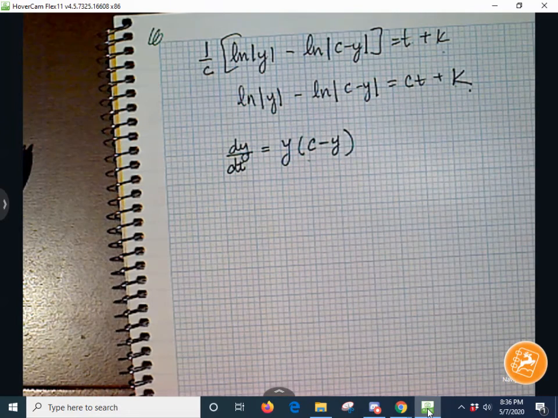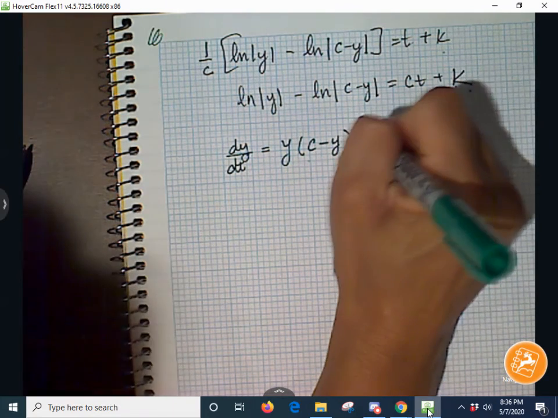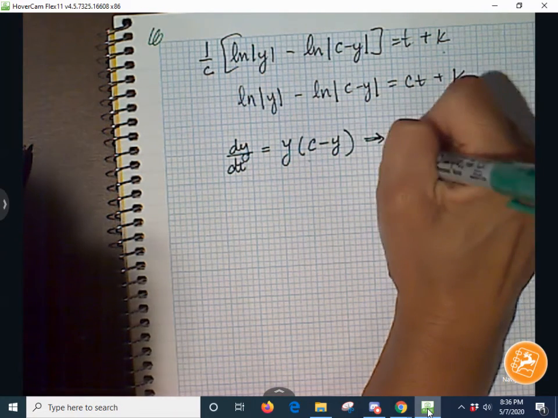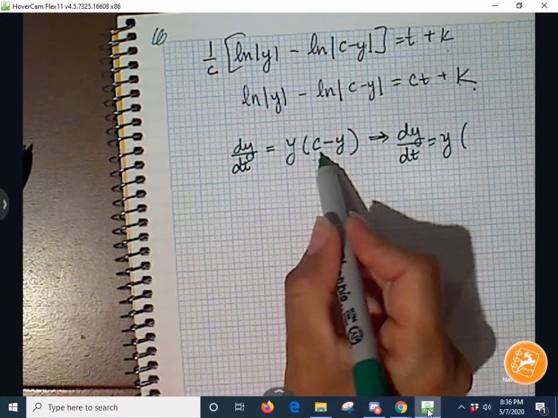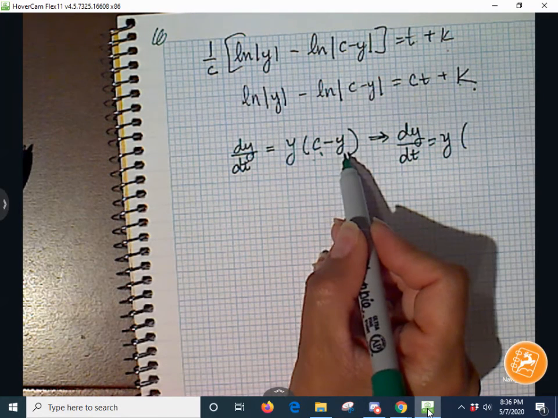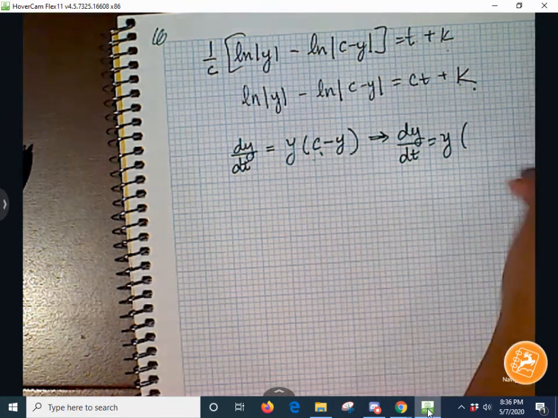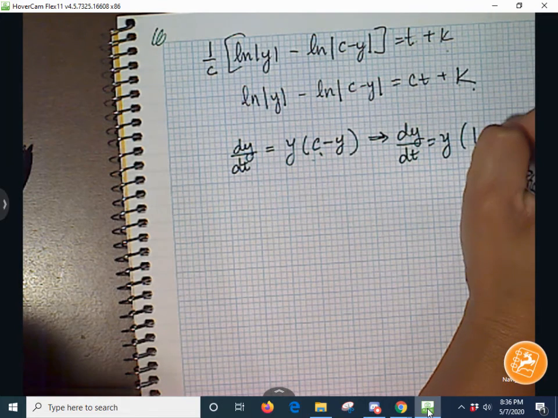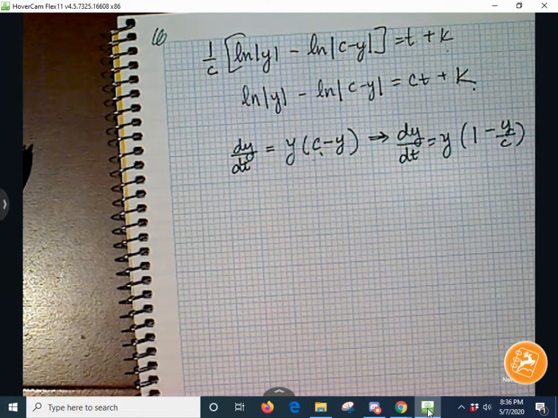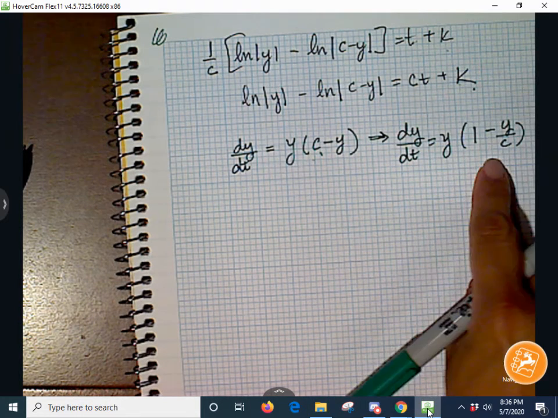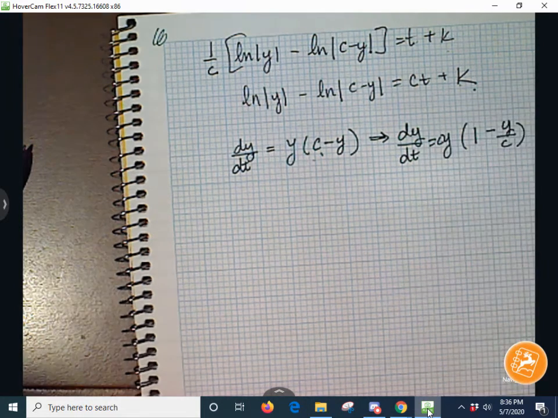Now this can also be rewritten as dy dt is equal to y, and then if I divide inside here by c, I'll have 1 minus y over c, like that. And then I would have to have a c over here.